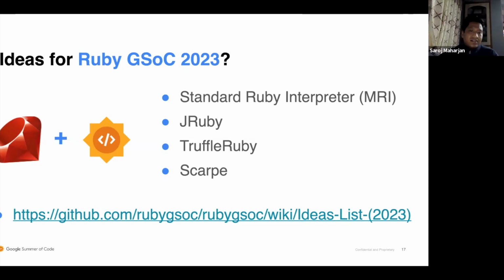Scarpe is like a modern version of Shoes.rb. You can make a GUI application with it, and to get detailed info on these ideas, you can go to the link shown on the screen.